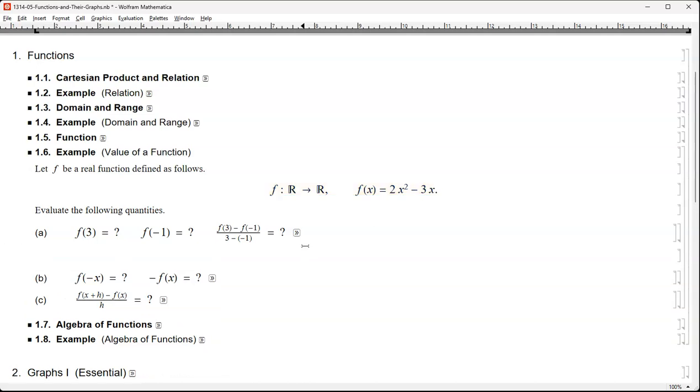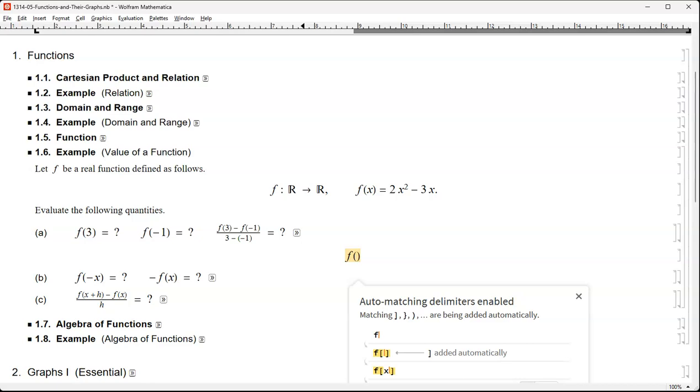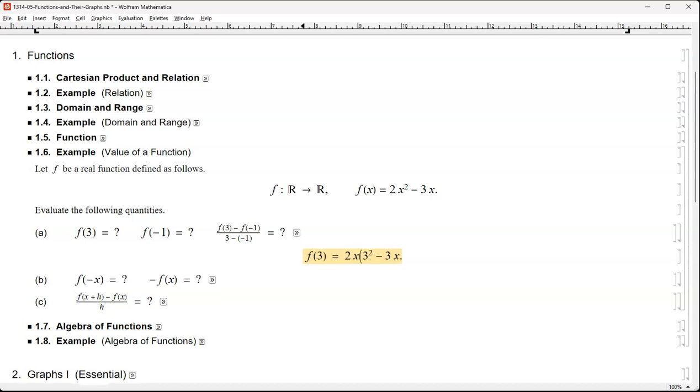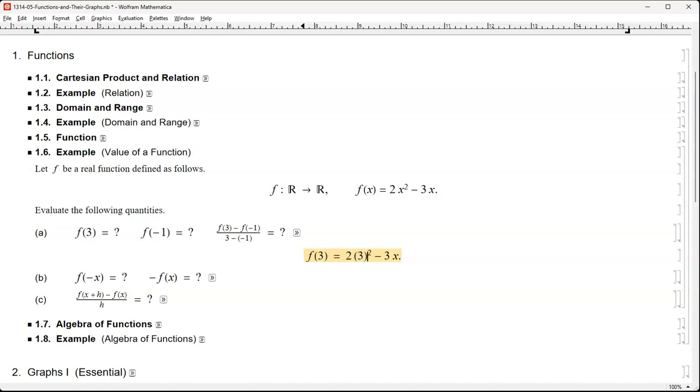So what do you have here? f of 3, now let's copy paste this thing. Here I'm replacing x by 3, so I have to do the same thing for all of those. And calculating this, that shouldn't be too bad.